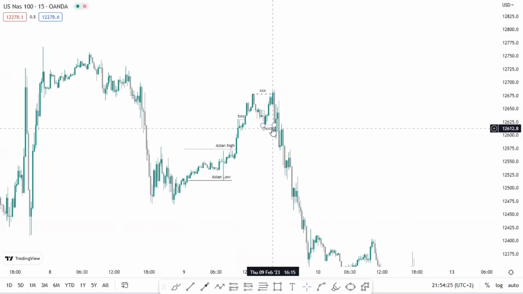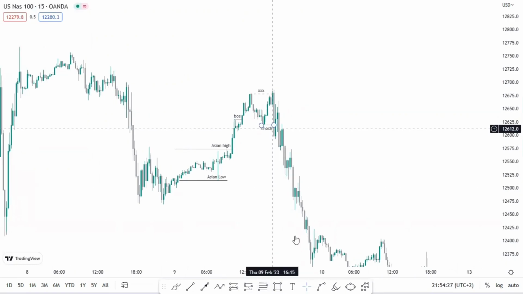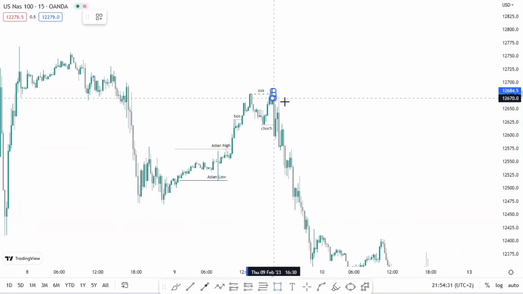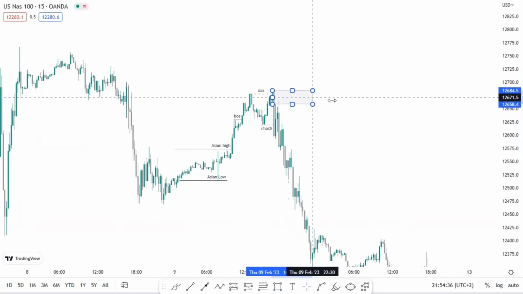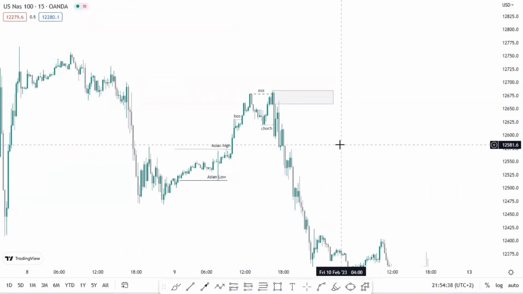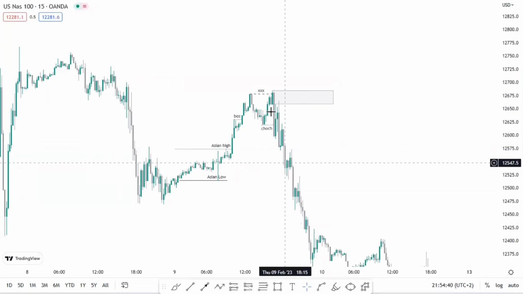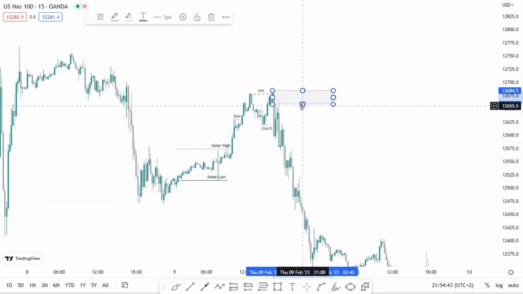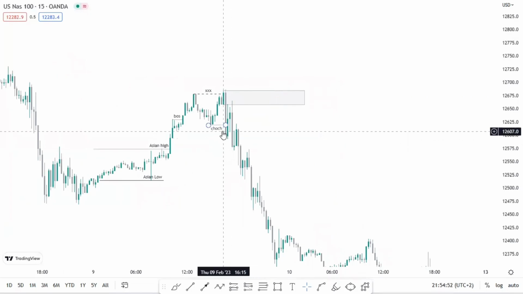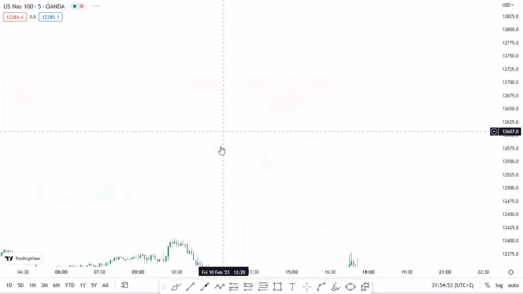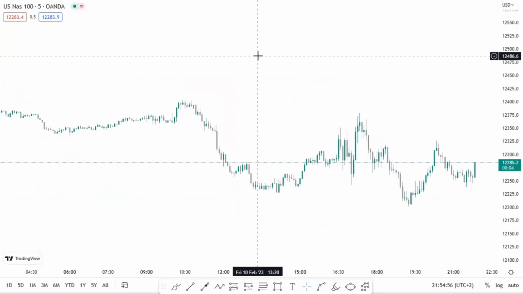As soon as we see that perfect change of character, we mark our OB just right there. We mark our order block there, the last buying candlestick before selling. What do we see? Let me move to the 5 minutes. I'll show you guys what happened.